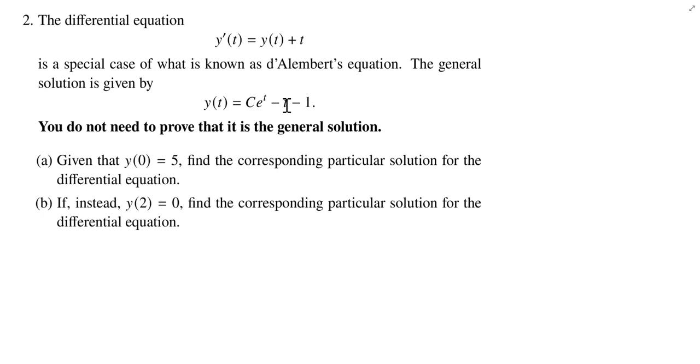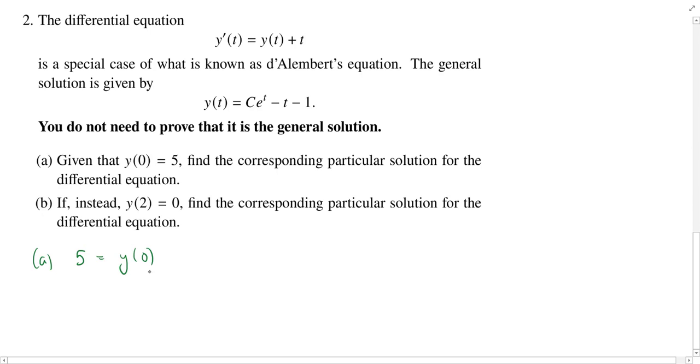So in part A, we're told that y of 0 is equal to 5. So how do we use that? Well, we use this general family, and we're just going to insert this particular point into it. So we know that 5 is y of 0, but y of t in general is given by this solution.